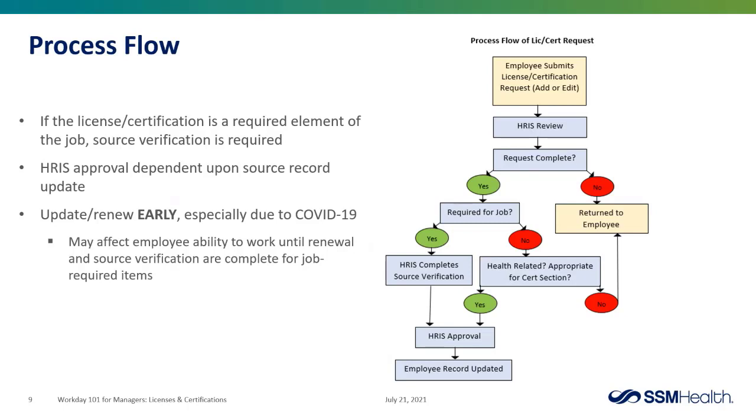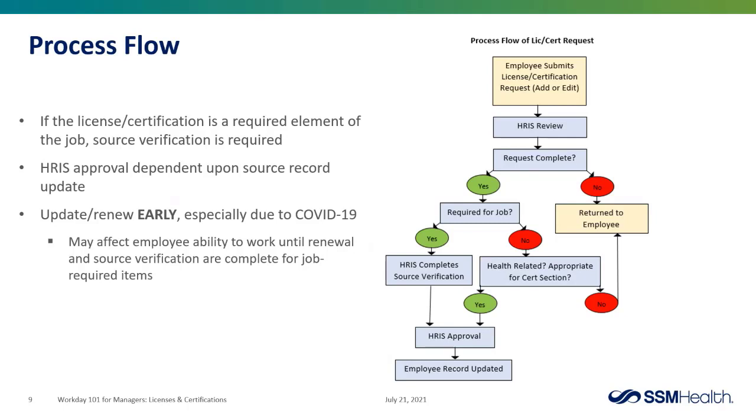If the employee does not have all the appropriate information we need, saying it's a certification or license, but it's not technically a job requirement, but it's related to the health field, they will need to put that source document in the file just so we can verify who the license is coming from and what the expiration date is.